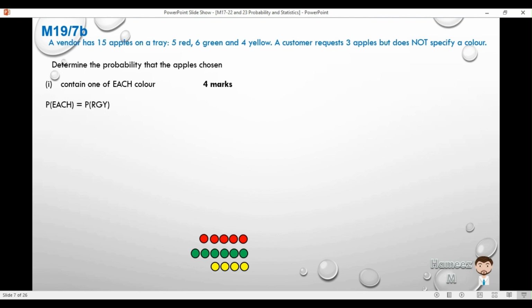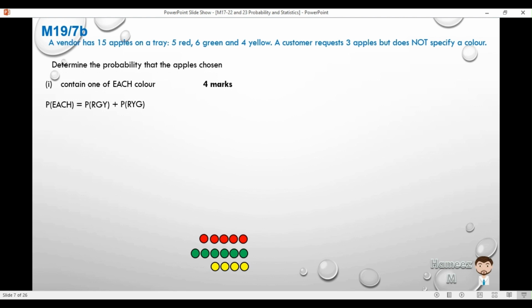So we can pick a red, and then a green, and then a yellow. That's one way. Or we can choose another order, and in probability, or is represented as add. So we can still pick a red first, but we can switch it and pick a yellow second and a green third.